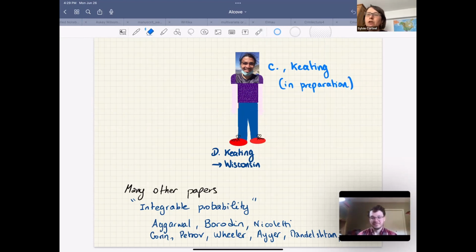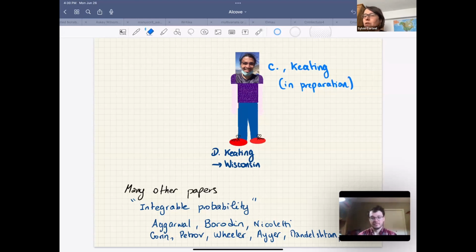Anyway, even though I'm going to tell you about the things that we've been doing for the last couple of years, this is part of a broad topic called integrable probability, to mix symmetric functions and vertex models and integrable probability to understand symmetric polynomials or particle models or things like that.